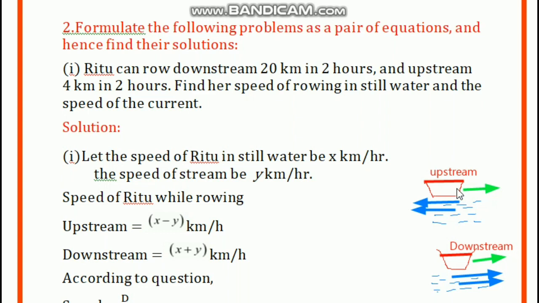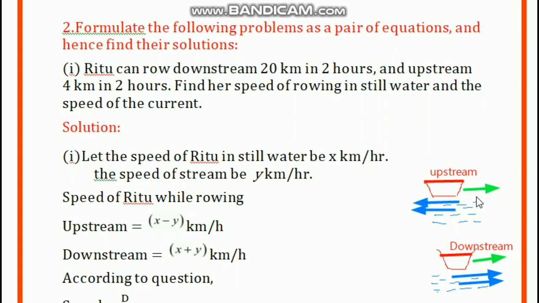Suppose the boat is moving at 60 km speed in still water, and the stream, that means the waves, has a speed of 20 kilometer. In case the speed of the stream is 20 kilometer and the speed of the boat is 60 kilometer, the boat is moving opposite to the stream. So the boat moves forward at 60 kilometer and the stream is opposite at 20 kilometer.